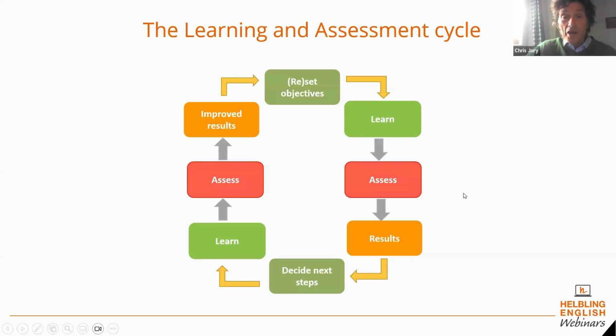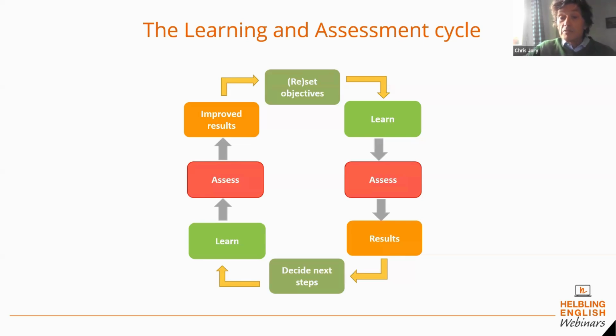It won't be news to you. It's a fairly obvious cycle, starting at the top, setting and having very clear learning objectives, teaching objectives, carrying out episodes of teaching and learning, assessing while that teaching and learning is happening, that idea of the ongoing assessment in various forms, as well as the more summative types of testing that happen at the end of a period of study.